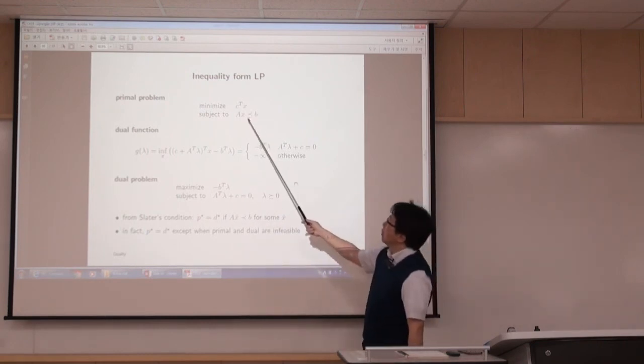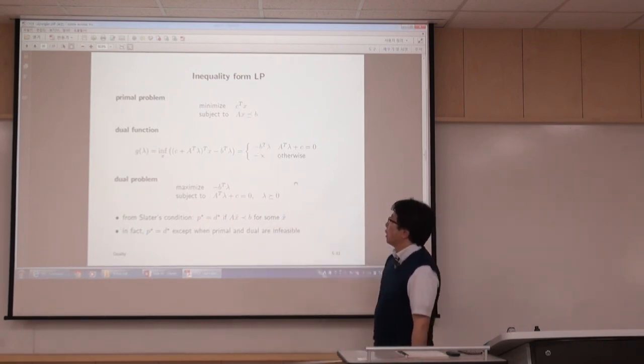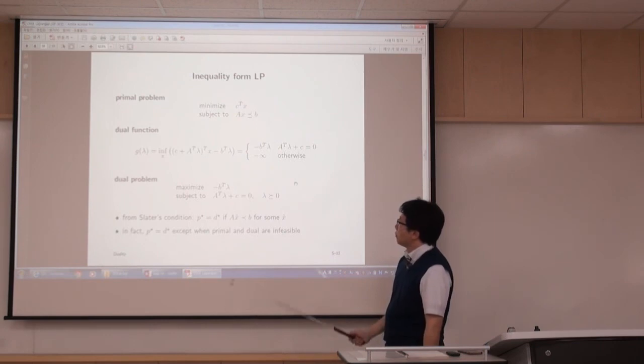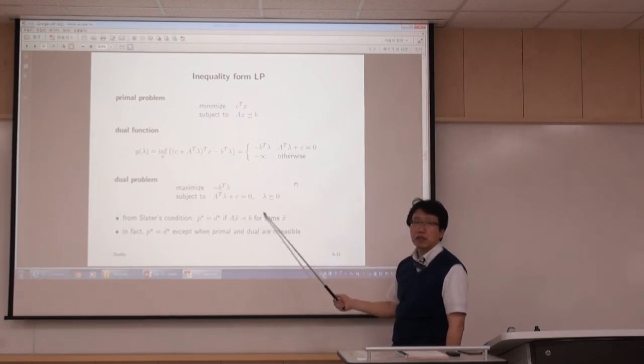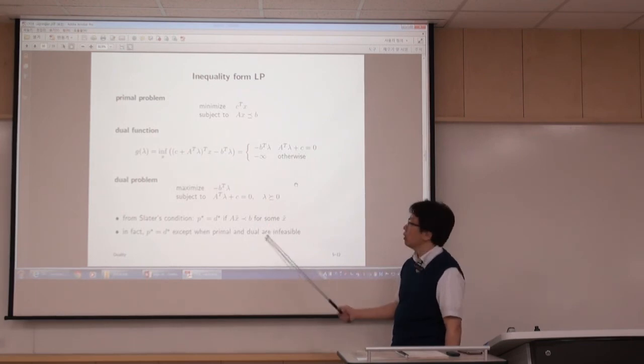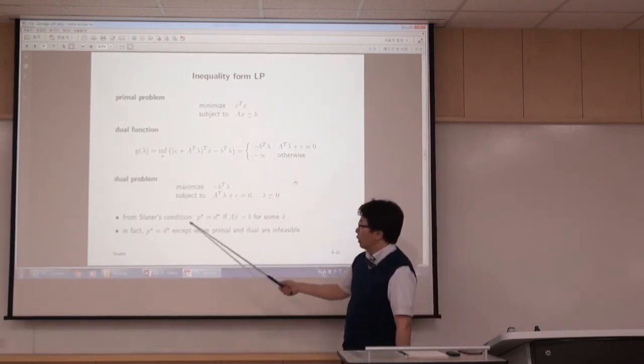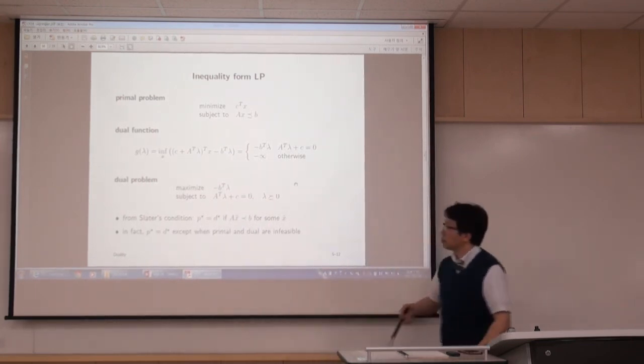So if this is not empty, okay? So if there exists any x tilde satisfying this condition, then it satisfies Slater's constraint qualification or Slater's sufficient condition. So strong duality holds. Got it?